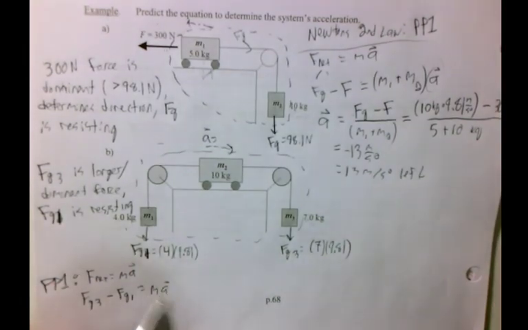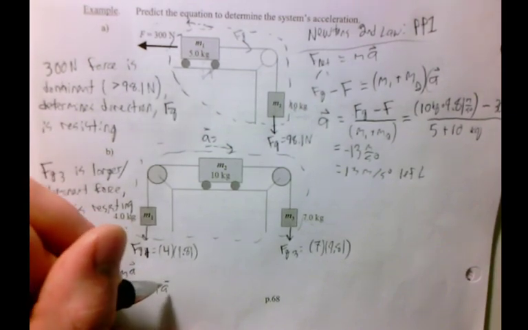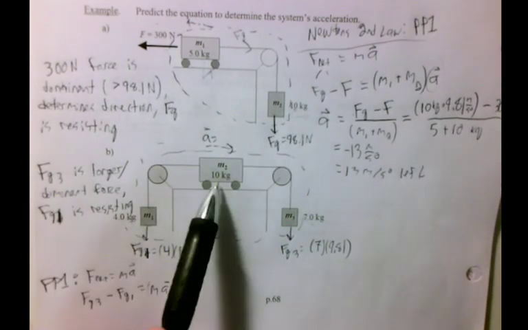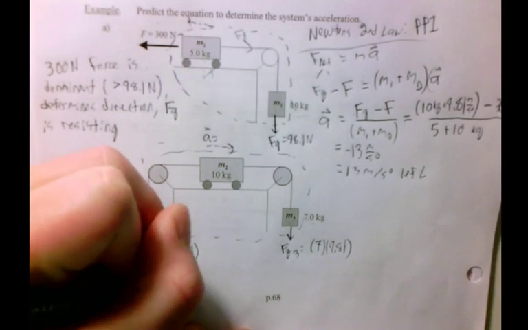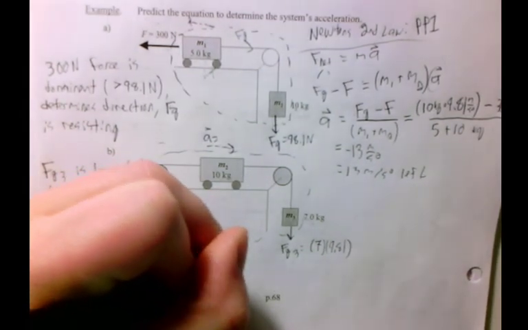We're looking for the acceleration. First we'll break up the mass into its parts, right? 4 kilogram, 10 kilogram, 7 kilogram, M1, M2, M3.